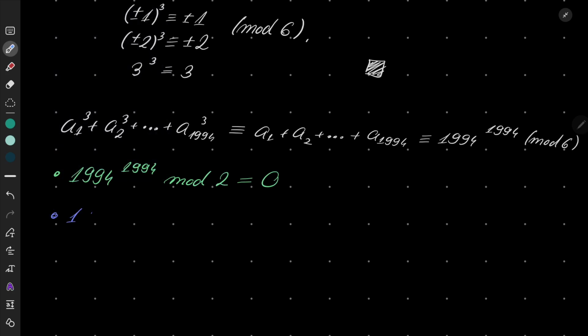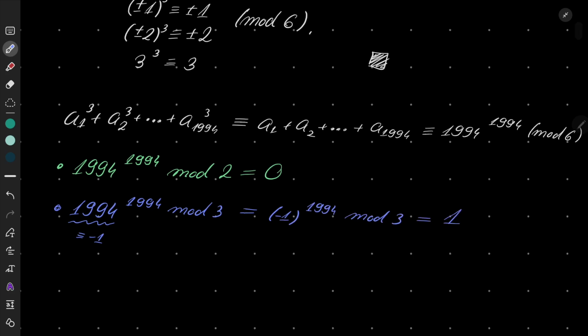What about our number modulo 3? Well, let's see. This number 1994, it's congruent to minus 1. So it's the same as minus 1 to the power 1994 modulo 3. Well, and minus 1 to an even power is just 1.